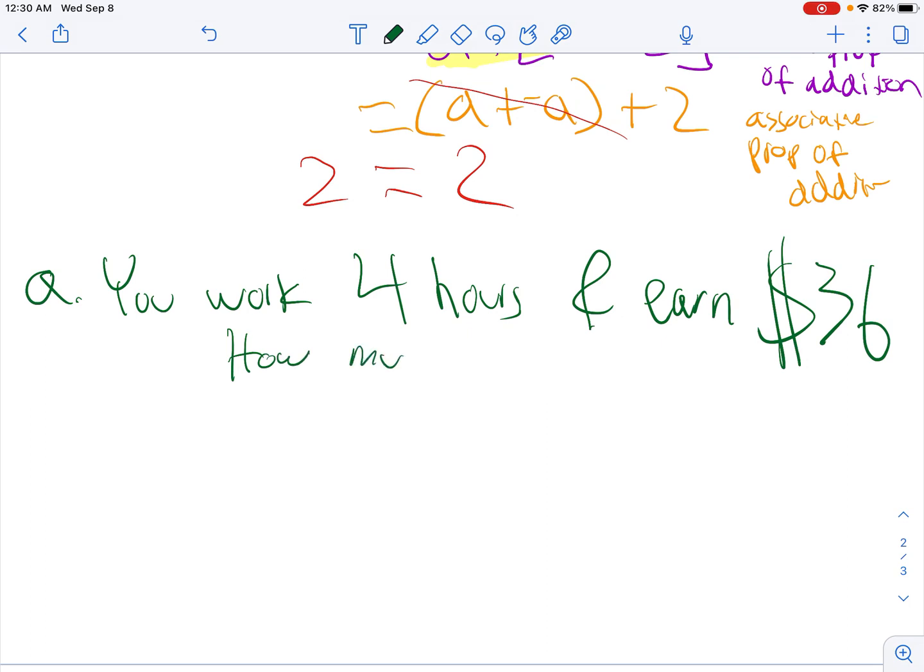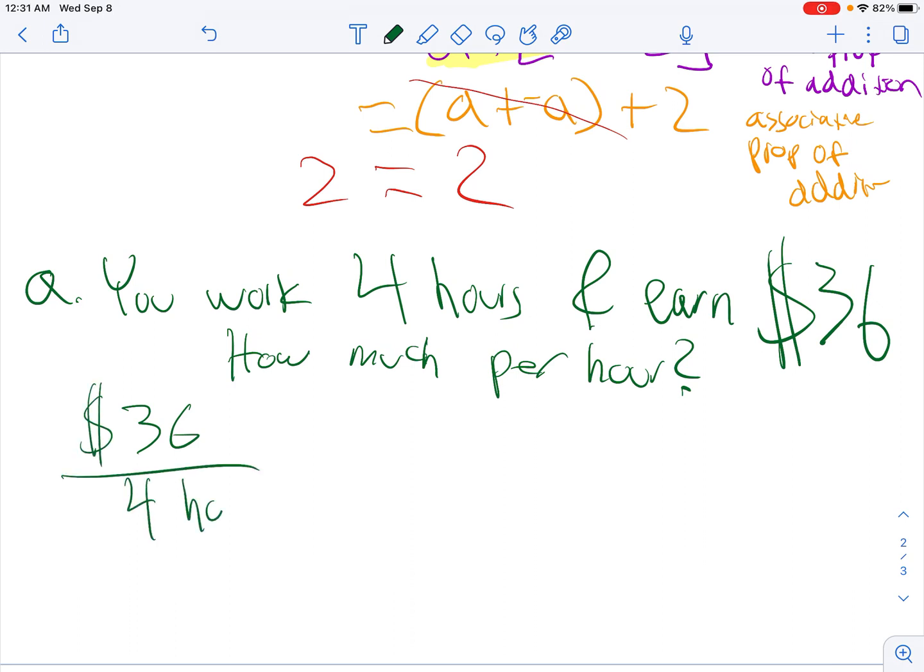The question is, how much per hour? Well, if I made 36 total dollars out of 4 hours, I could divide 36 divided by 4 and find that I made $9 per hour.